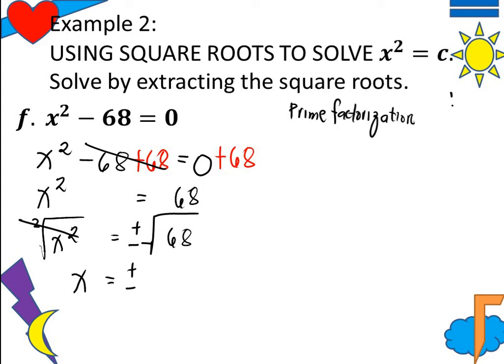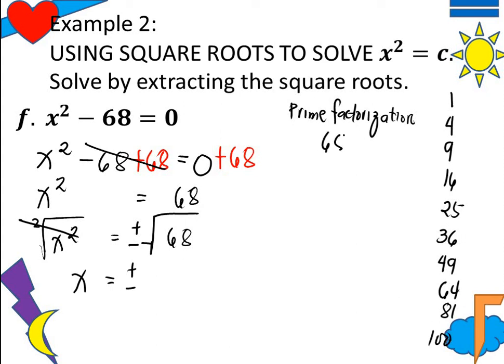We have here 1 times 1 is 1, 2 times 2 is 4, 3 times 3 is 9, 4 times 4 is 16, 5 times 5 is 25, 6 times 6 is 36, 7 times 7 is 49, 8 times 8 is 64, 9 times 9 is 81, 10 times 10 is 100. Take note, 68 is not a perfect square.